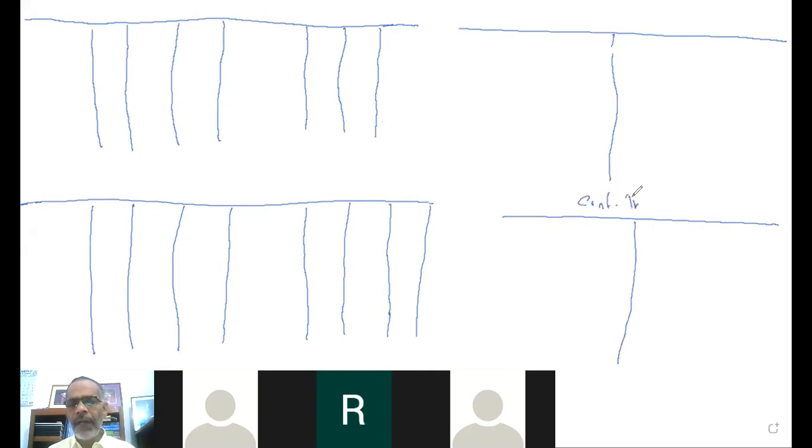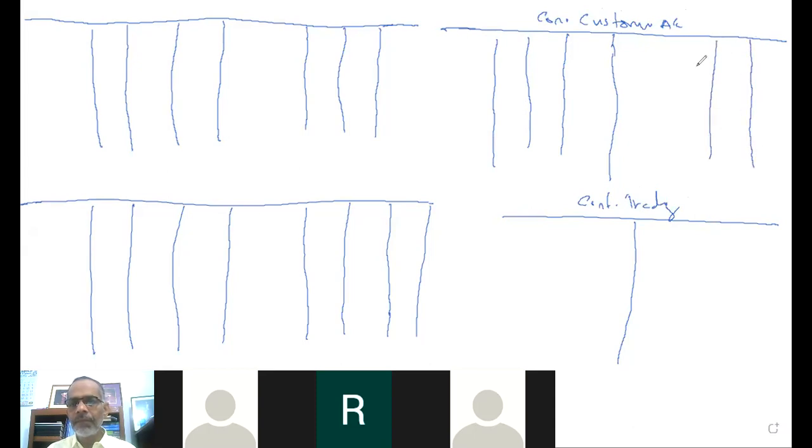Container trading account, we know. This is the container customers account. Here also we have to have 3 columns. Container stocks account: quantity, rate, amount.